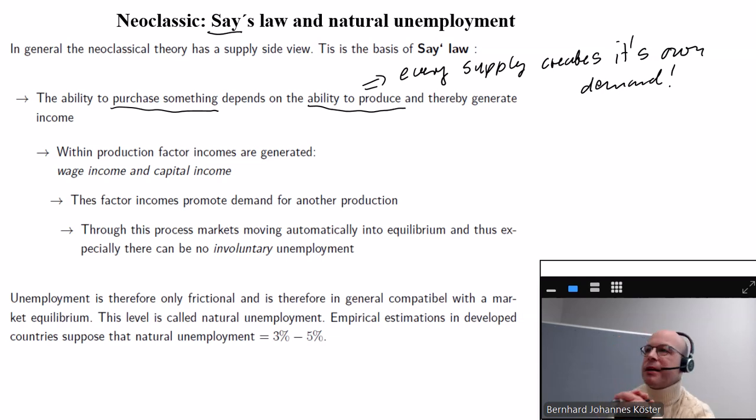What kind of historical period was there, especially in Europe, in Germany, in France, in the United Kingdom, where these ideas developed? And maybe then such a view on the economy is reasonable.